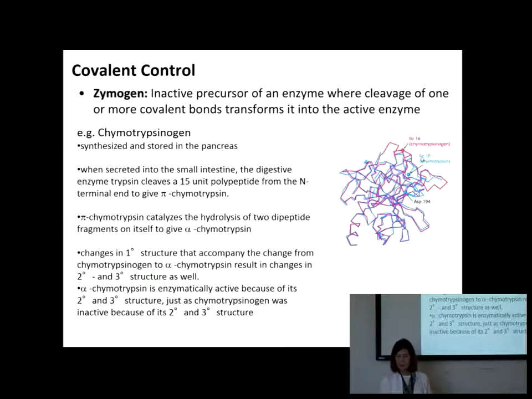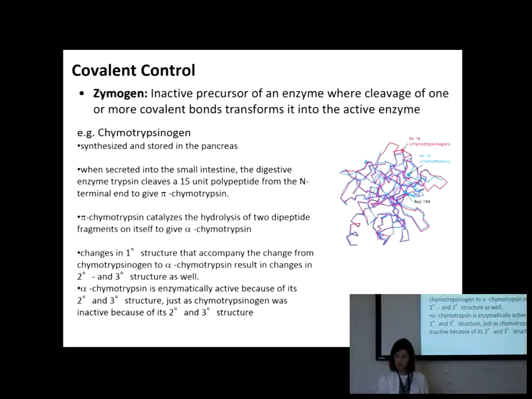And so what happens, I think the blue is chymotrypsin and the pink is chymotrypsinogen. They identify one of the amino acids, actually a couple of them, isoleucine and aspartate. And you can see the isoleucine changes in space.